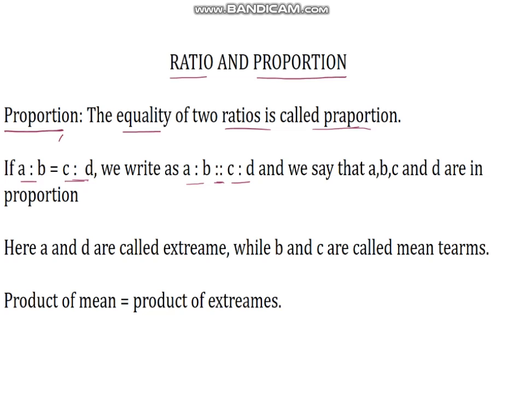See here, the equality of two ratios is called proportion. Here A is to B equals C is to D. A and D are called extremes and B and C are called means.